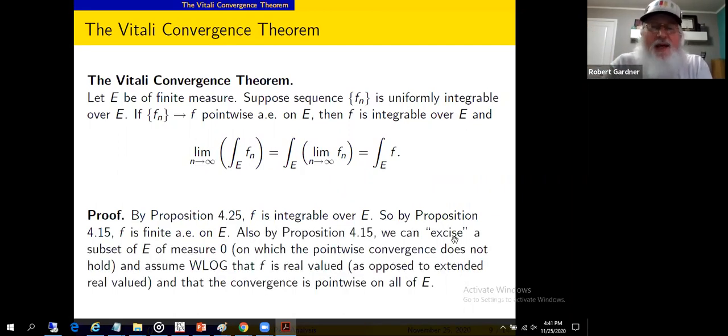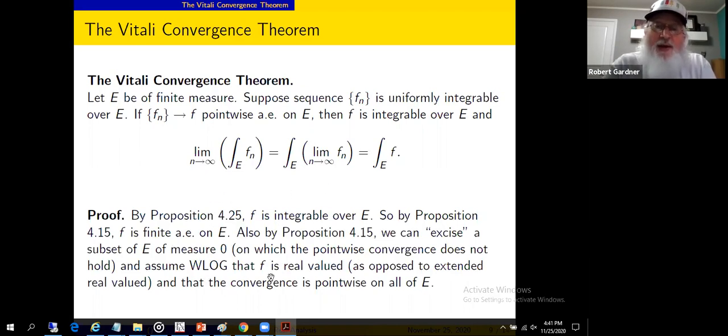Also, we can excise a subset of E of measure 0. Let's throw out the one where pointwise convergence doesn't hold. We had almost everywhere pointwise convergence. All right, so there's a set of measure 0 in which you don't have pointwise convergence. Throw it out. That won't affect values of any of these integrals.